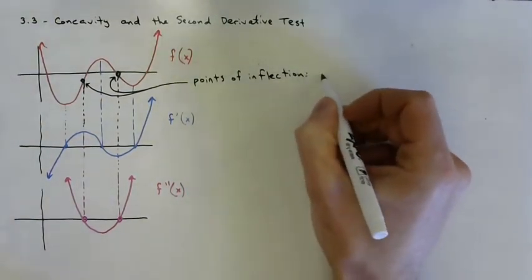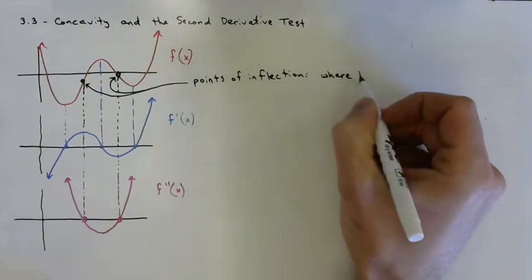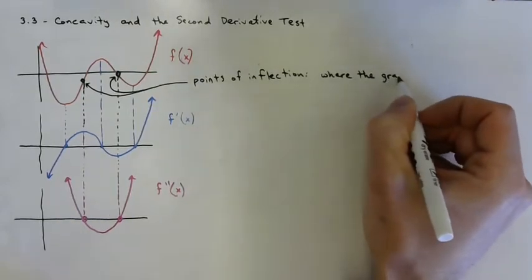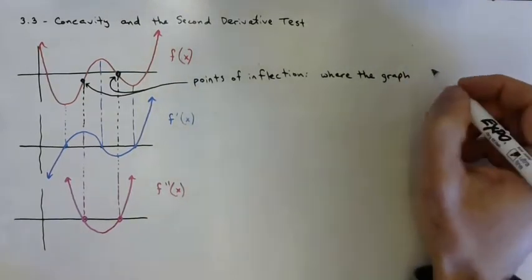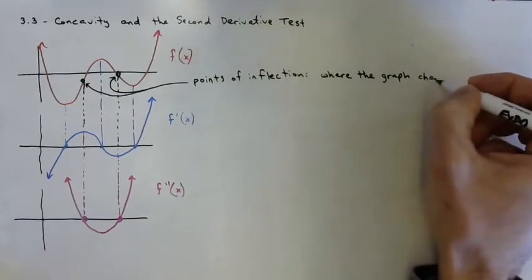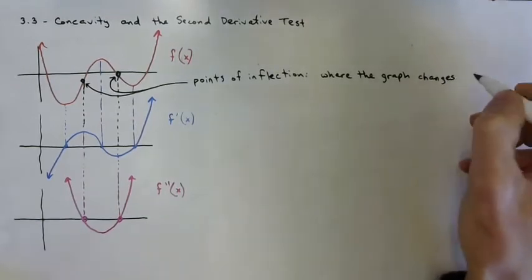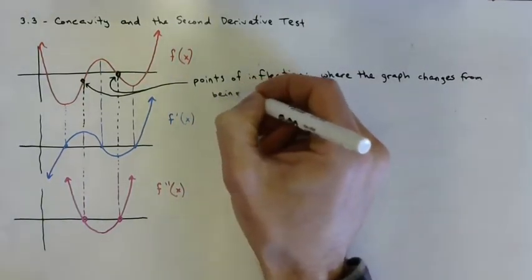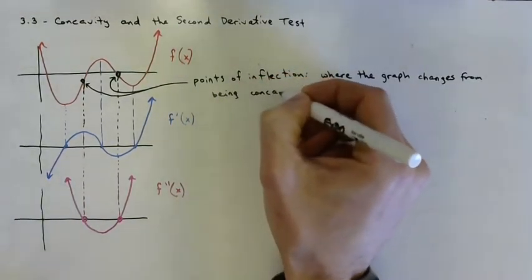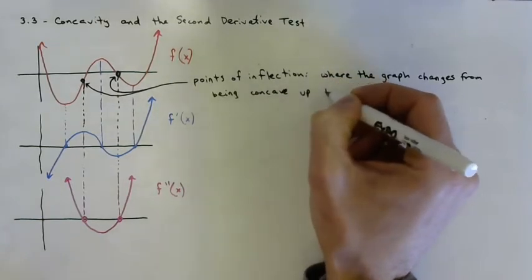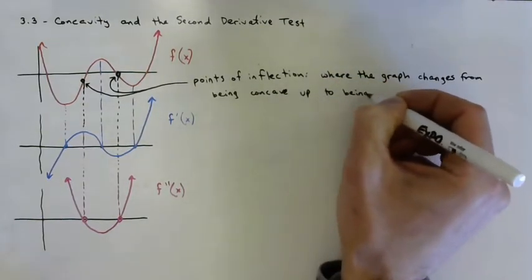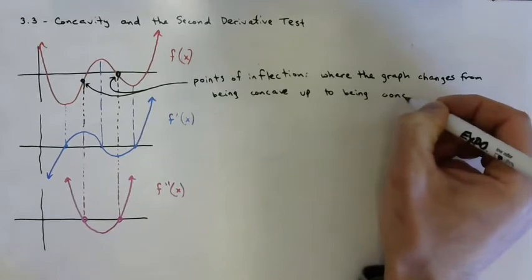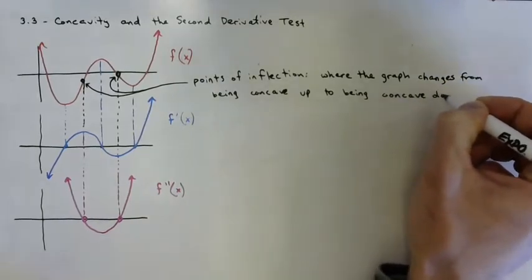This is where the graph changes from being concave up to being concave down.